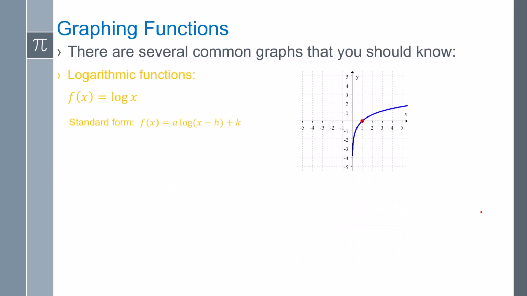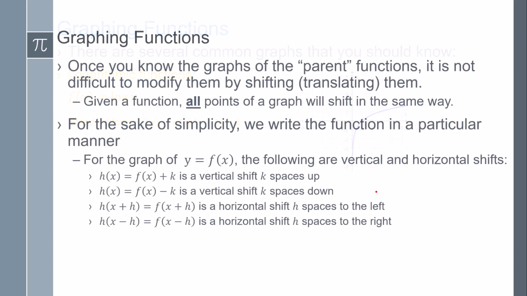I just want to introduce it, but we're going to come back to it later. We're not going to talk about this function yet. We're still going to get it down, but we're going to come back to it later when we talk about logs. But logarithms is also another type of function that starts at 1, 0, and it has a vertical asymptote at x equals 0. We need to get all of these down, flashcarded, and memorized.